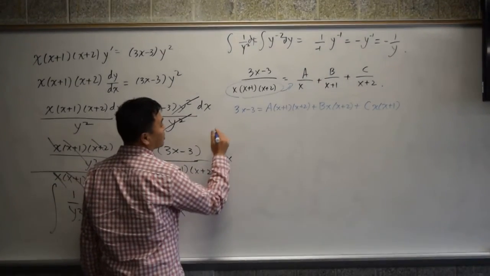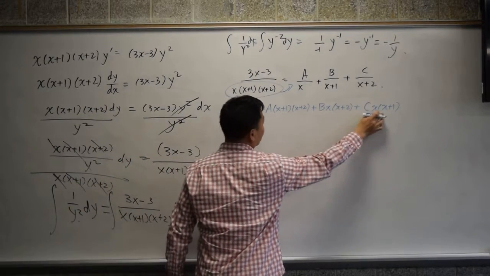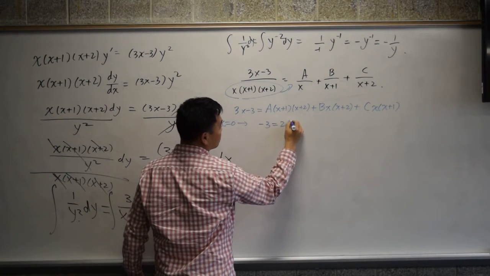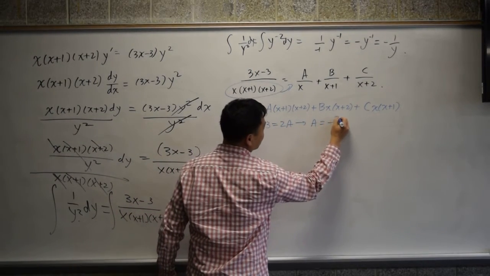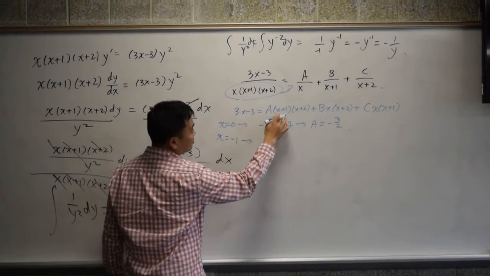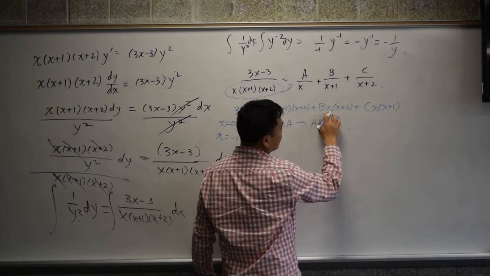Right. And then you set x equal to 0 so that all of these go away. And you get 2A, and that's negative 3. So negative 3 is equal to 2A, giving you A equals negative 3 over 2. x equal to negative 1 gives this becomes 0, that becomes 0, this becomes negative B, right?